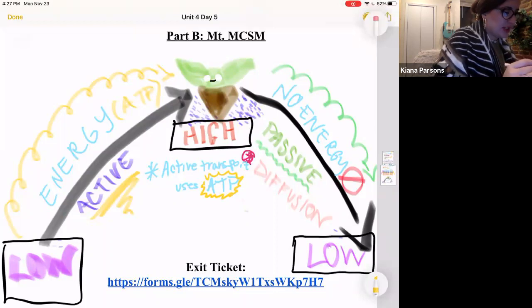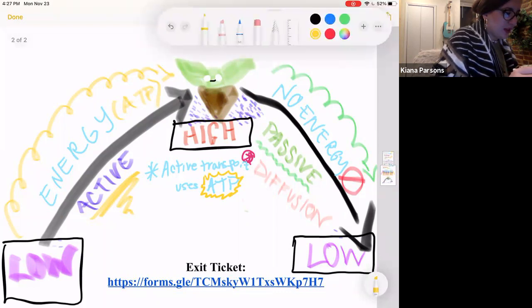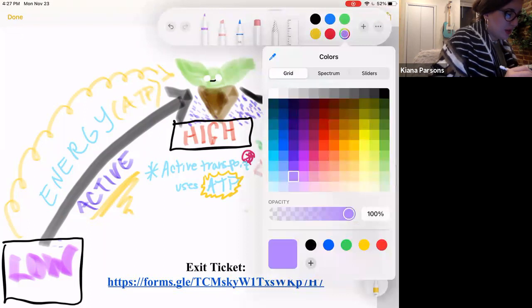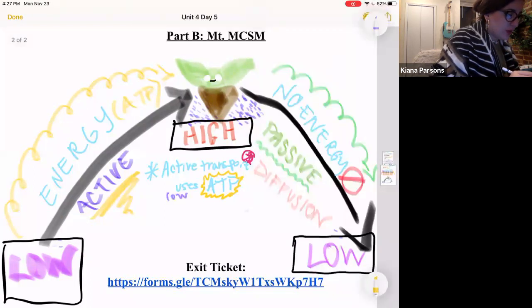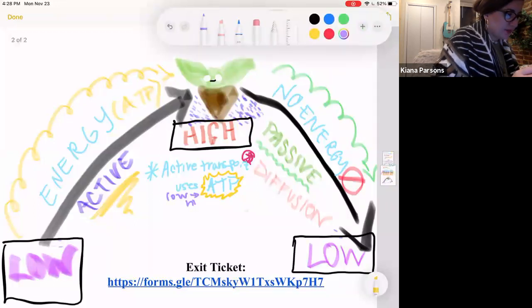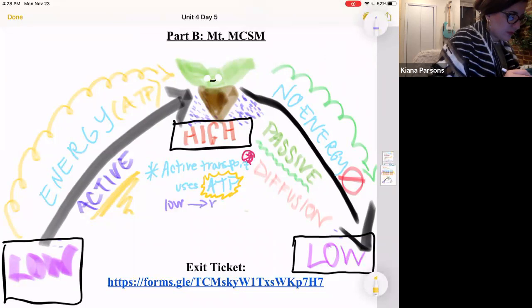Active transport uses ATP and goes from low to high. So it's an active process. It uses energy and it goes from low concentration to high.